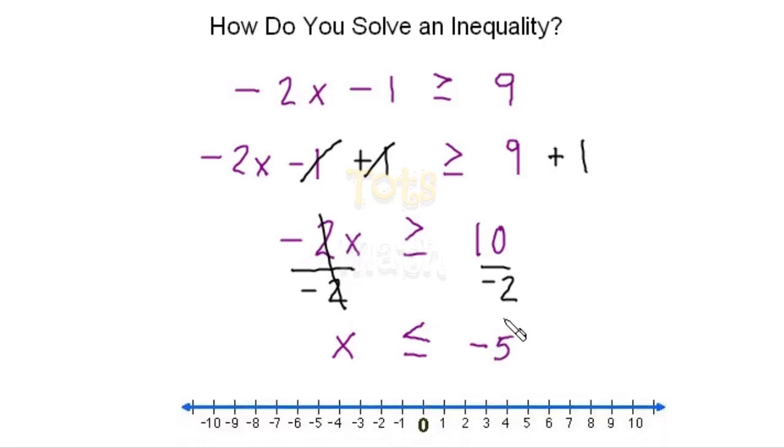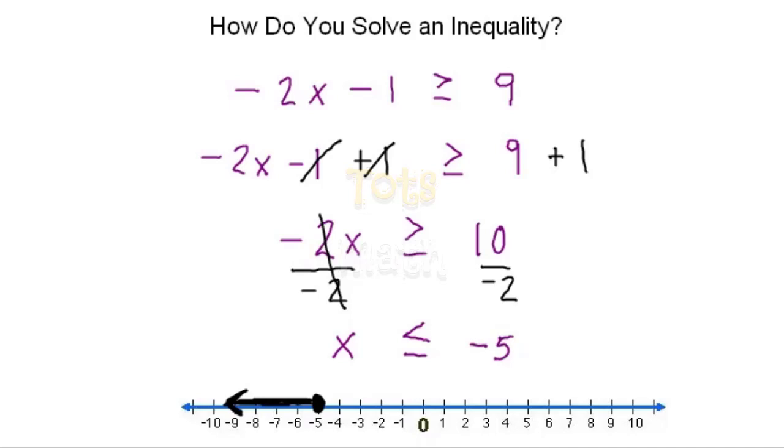We're going to look for negative 5, and we're going to draw a filled circle. And that's because x could be equal to negative 5. So negative 5 is part of the solution set. X can also be less than negative 5, so we're going to draw an arrow pointing to the left of negative 5 to show that the solution set is all numbers smaller than or equal to negative 5.